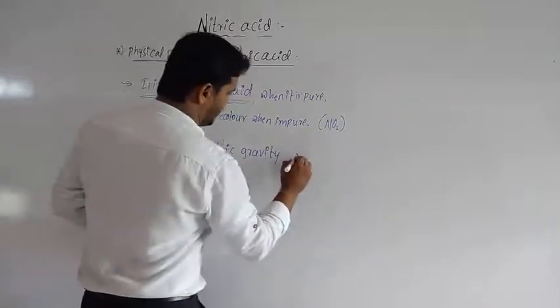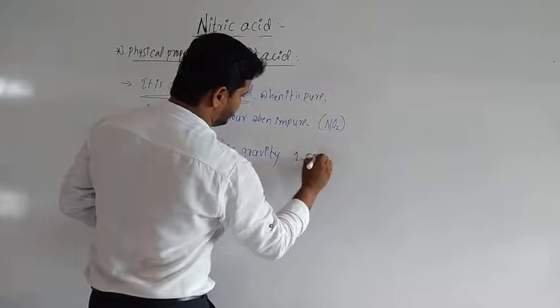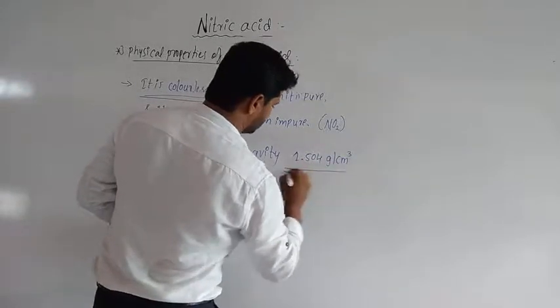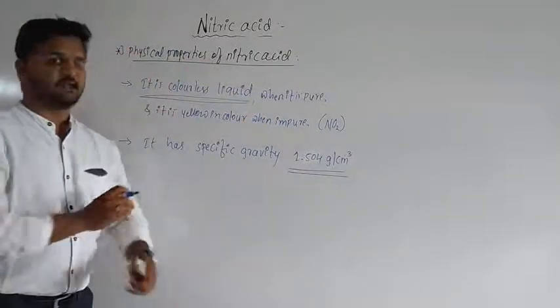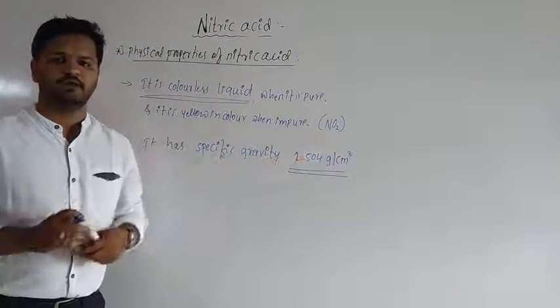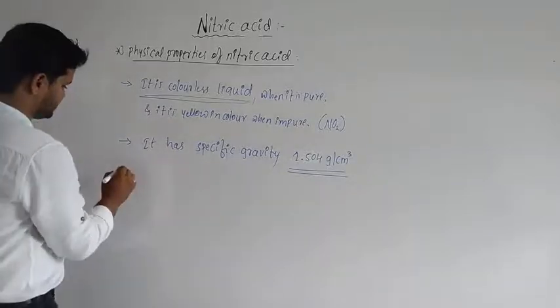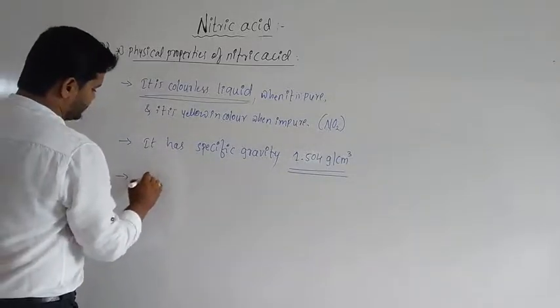That is 1.504 gram per cm cube. It is the specific gravity of nitric acid. And next one, freezing point.